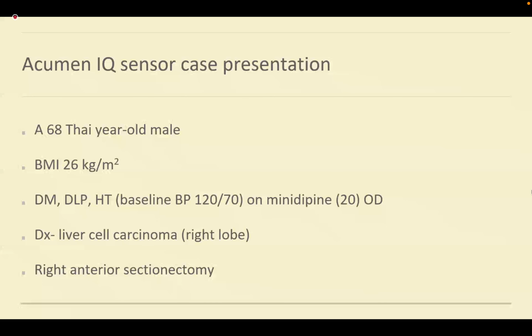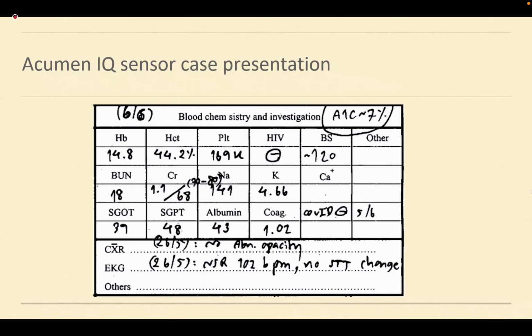Baseline blood pressure is around 120, and his medication is manidipine. His diagnosis is liver cell carcinoma of the right lobe, and right anterior sectionectomy is the operation today. This is his basic laboratory investigation. It's all within normal limits, including CBC, renal, and liver function tests.